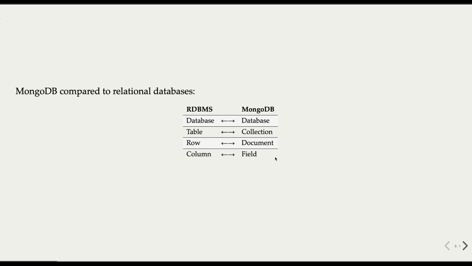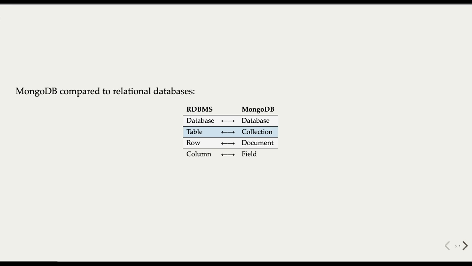So in MongoDB, for example, there is this notion of the database, which is quite similar to the database in relational SQL databases. A database is a set of collections in MongoDB, and a collection can be likened to a table in the relational database.